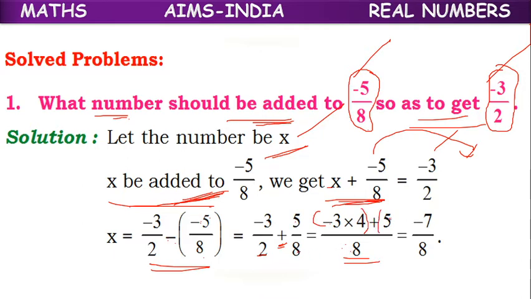Here we can write 5 into 1. 3 into -4 is -12, plus 5 into 1 is 5. -12 plus 5 equals -7. Denominator 8. So -7/8. In this way we can find the required number.